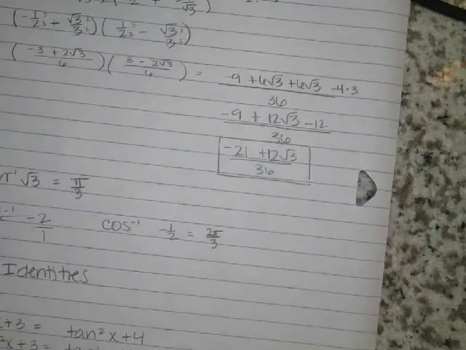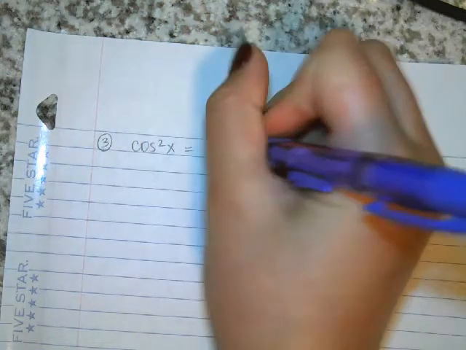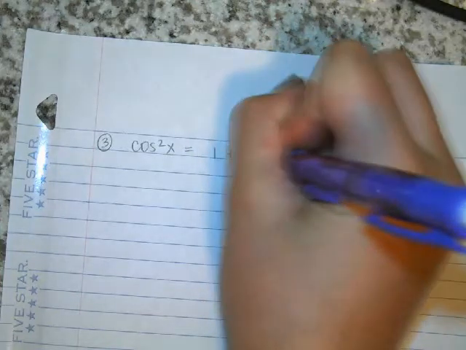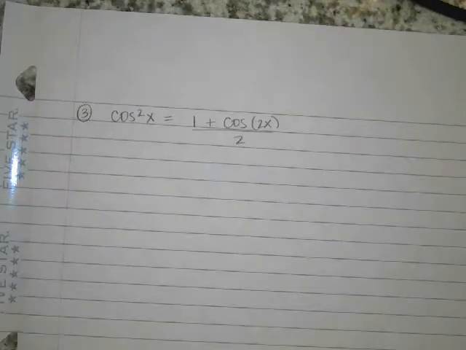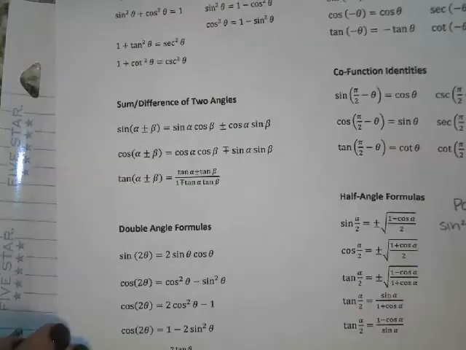Okay, the next one that we're going to look at is basically the exact same problem. It's just the power reducing formula for cos squared instead. So for this one, we're going to say that cos squared x equals 1 plus cos 2x divided by 2. And then we're looking at the same portion of our identity sheet.